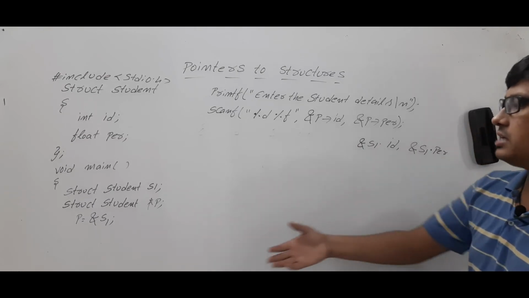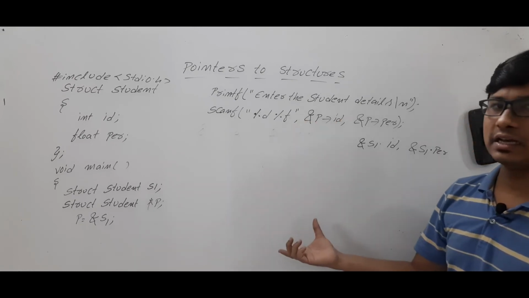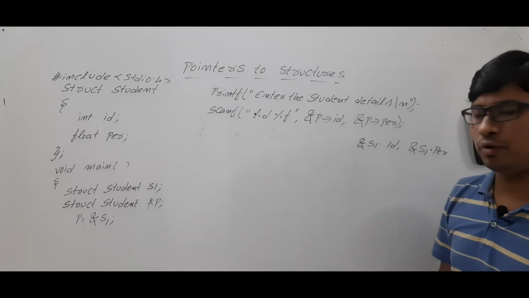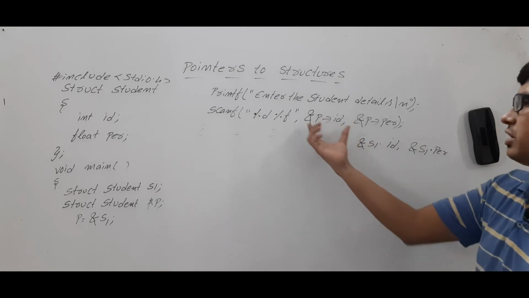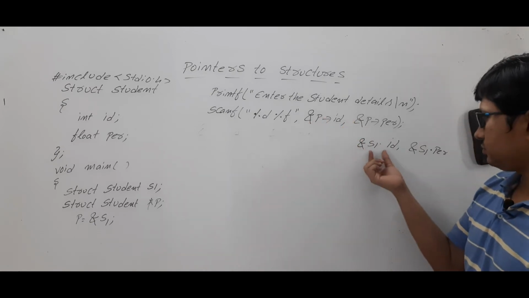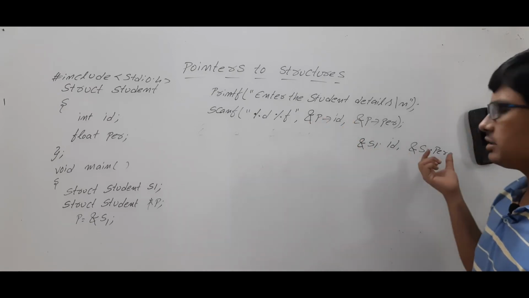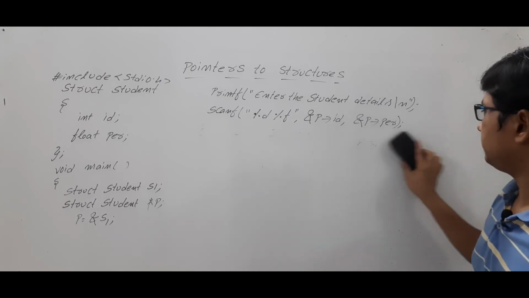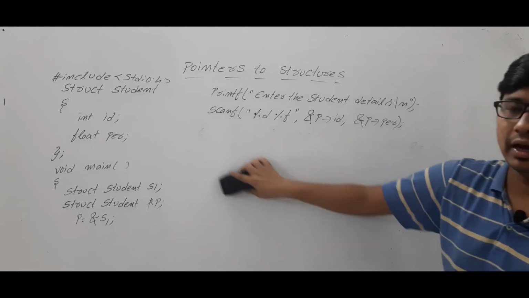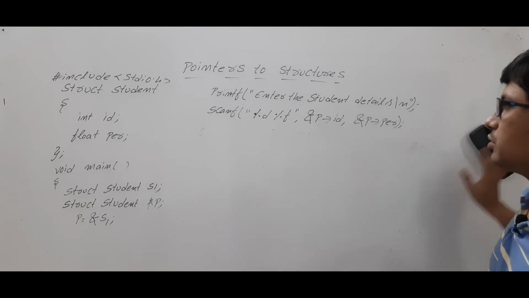Is it clear? As I am discussing pointers, let me access everything with the help of pointers only. Or if you are comfortable with the normal variable, you can write it like this also. Now whatever values I have entered, I want to display back to the user.